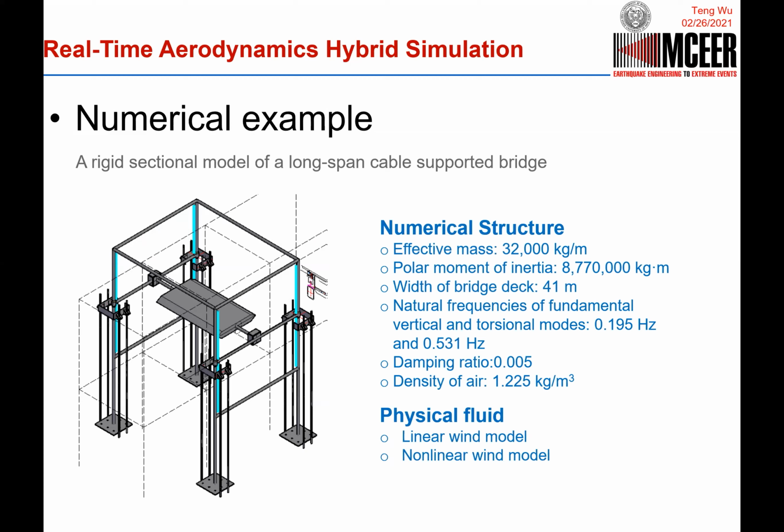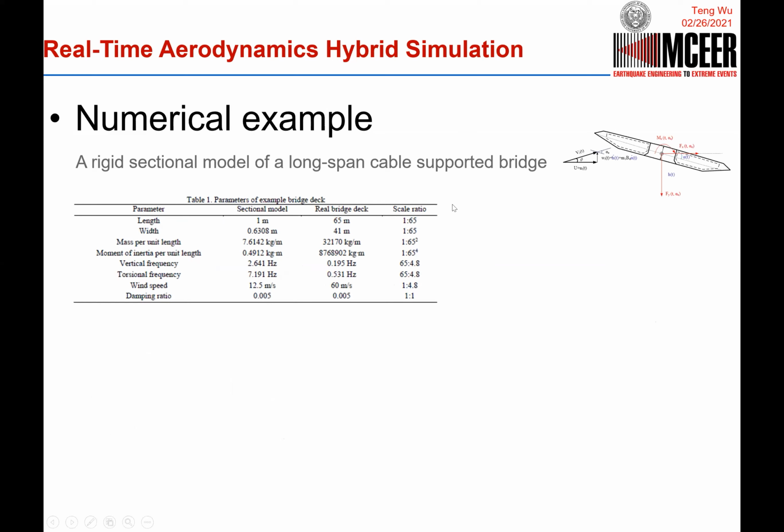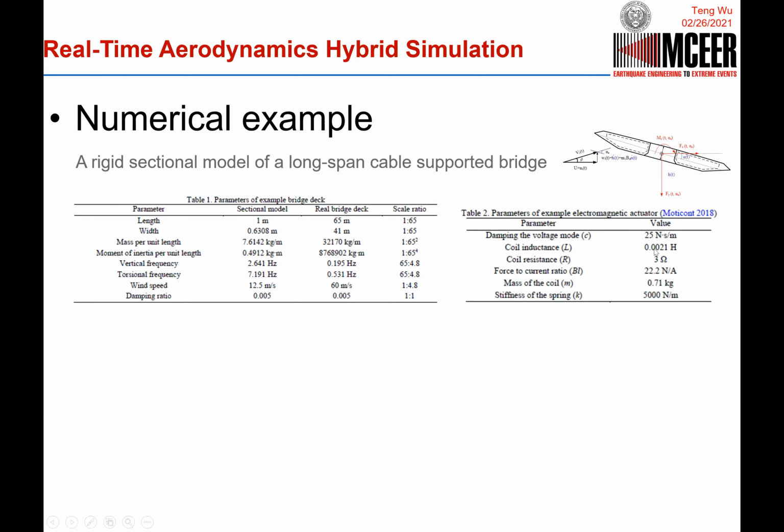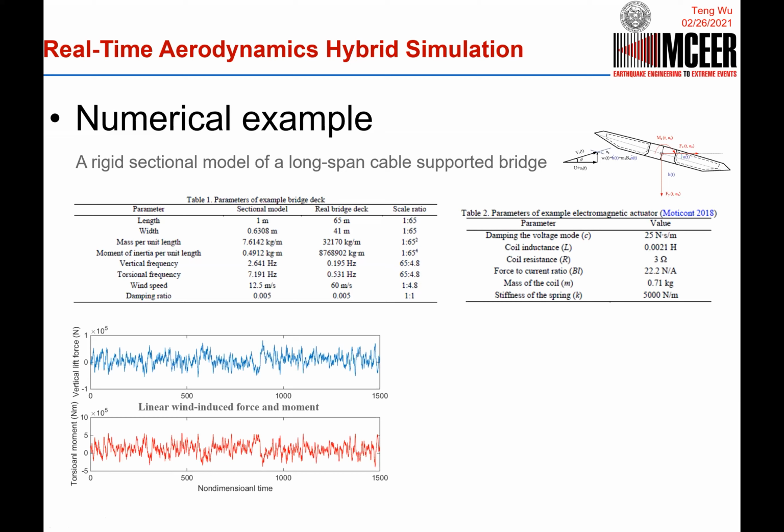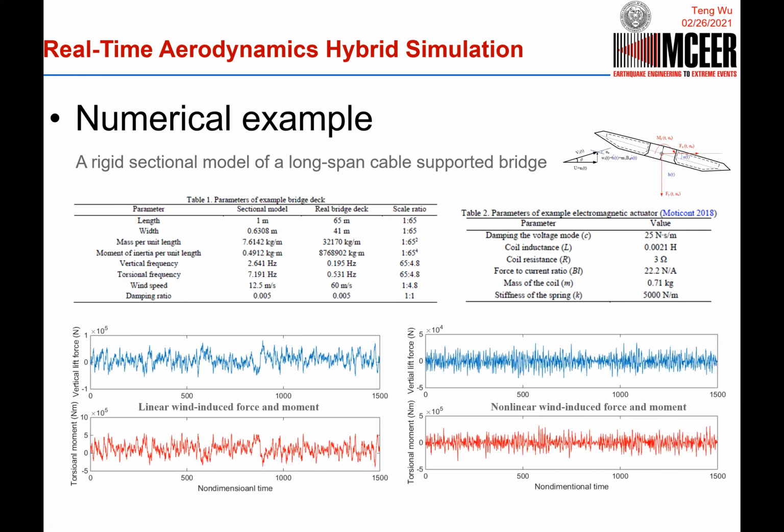We used both linear and nonlinear wind models in our investigation. These are the structural parameters in the scaled sense, because we have a scale ratio from the prototype structure to the model in the wind tunnel. And these are the parameters for the electromagnetic actuator we selected. These are the linear wind force and nonlinear wind force time histories.